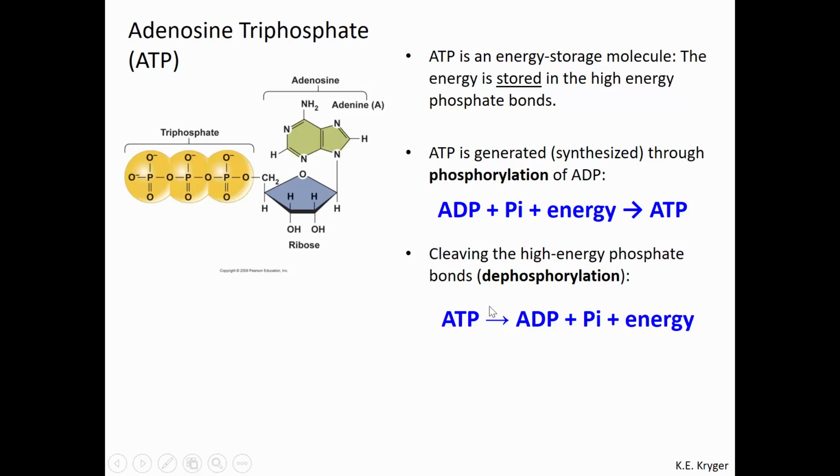We're starting off with a large molecule and breaking it down into adenosine diphosphate, which is a simpler end product, and inorganic phosphate, also a simpler end product, plus energy. So this type of reaction is a catabolic reaction. If we're making something smaller, going from a large subunit into smaller subunits, then we release that energy.